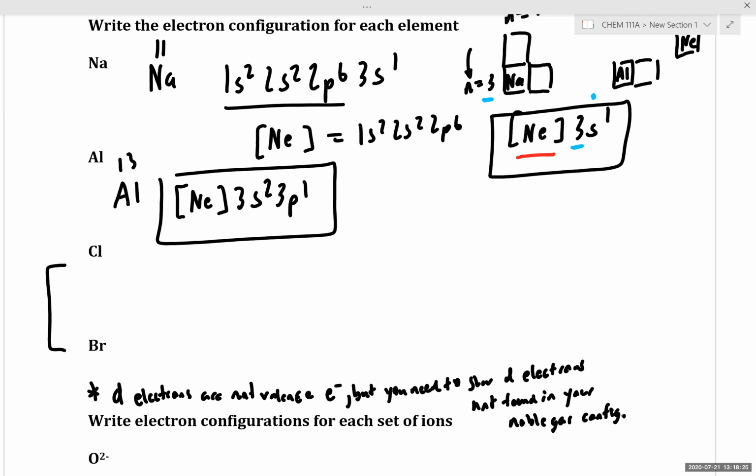And the responses I'm seeing in the chat look great so far. And we'll discuss this example in about another 3 to 4 minutes.